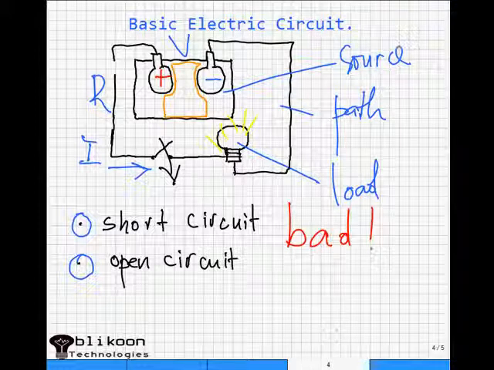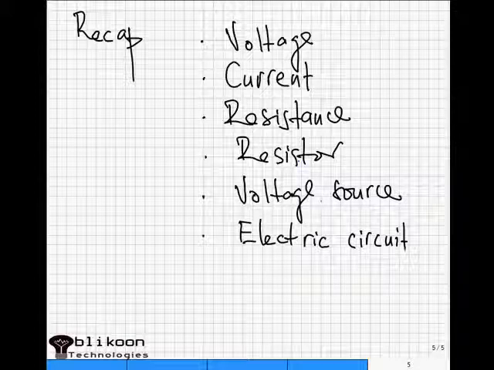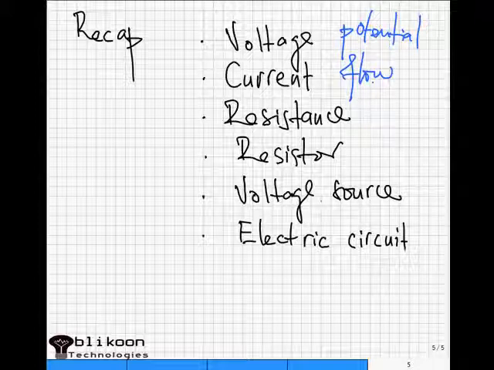Since we have covered too much already, a recap wouldn't be a bad idea. Voltage is the potential that charges have to move. Current is the flow of charges. Resistance is the opposition to current.